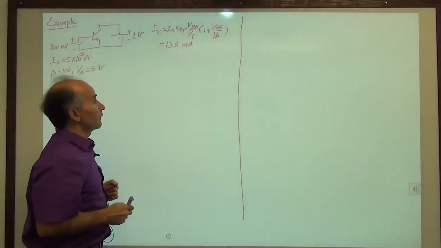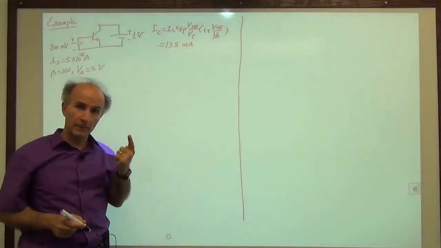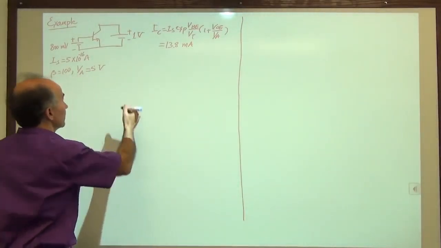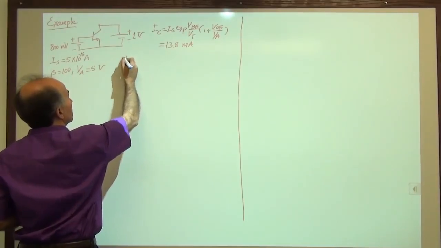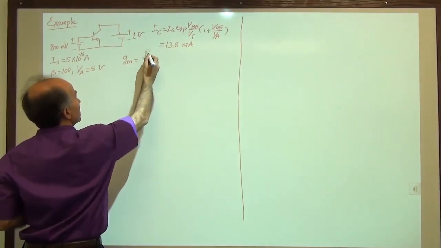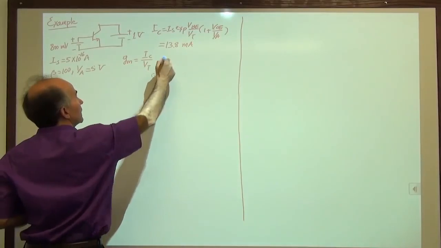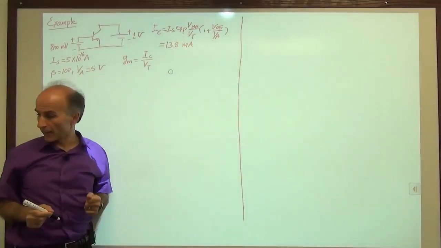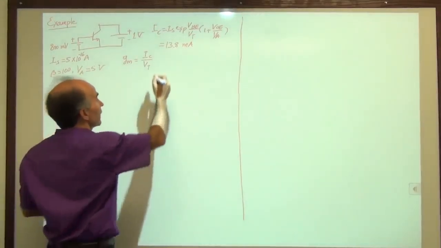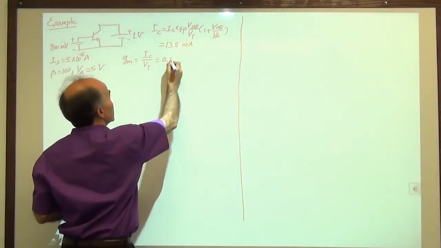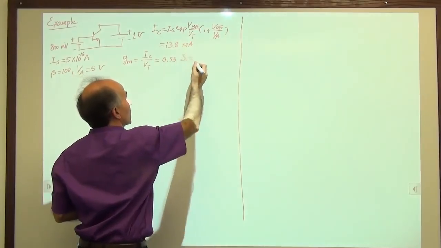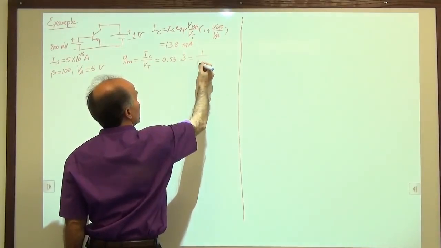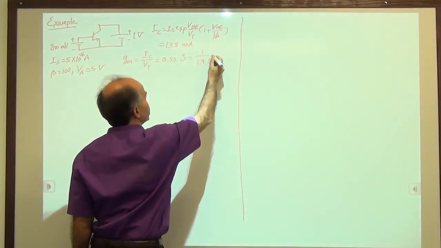Now, for the small signal model, we need GM, RPi, and RO, 3 parameters. So let's calculate those. GM is equal to IC over VT, 13.8 milliamps divided by 26 millivolts, and that is equal to 0.53 Siemens, or sometimes we like to express it as 1 over 1.9 ohms.